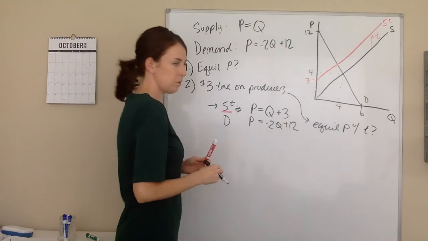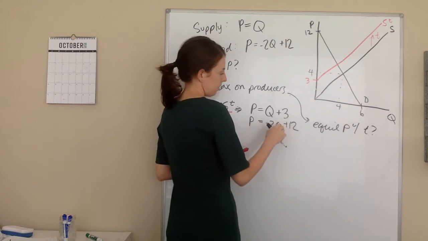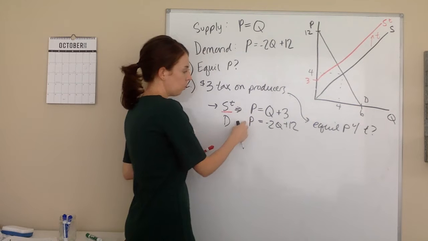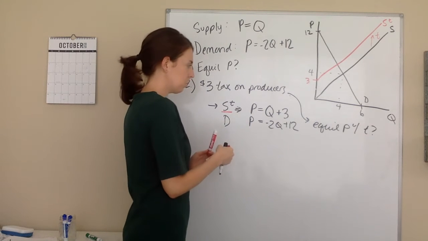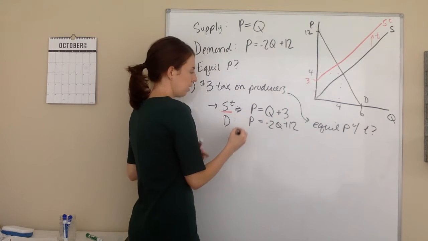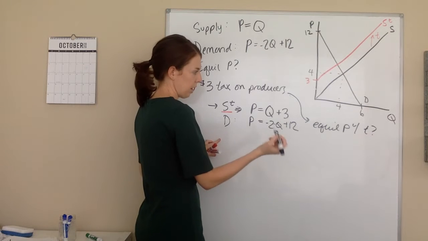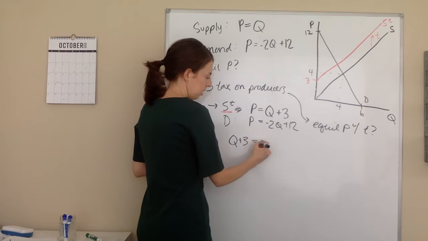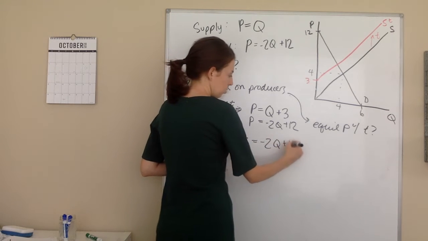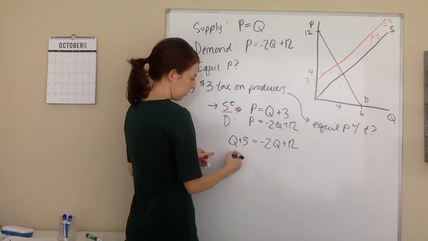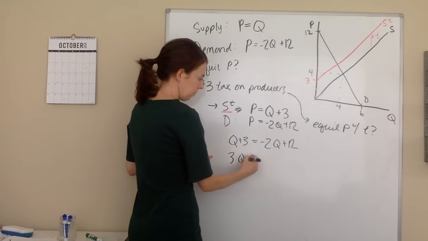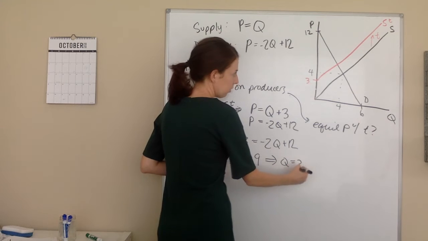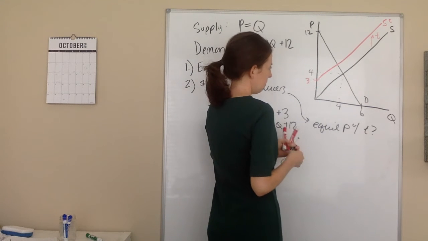Well, to figure this out, we do the same thing. We take the supply and demand and set them equal to each other. So now we have this new supply and old demand. We can set these two equations equal to each other and solve for equilibrium price with the tax. So we'll now have Q plus 3 equals negative 2Q plus 12. You move things over, you'll get 3Q equals 9, implying Q equals 3.